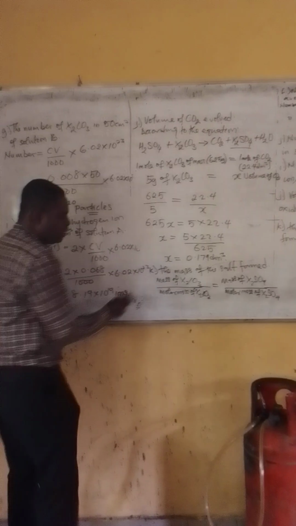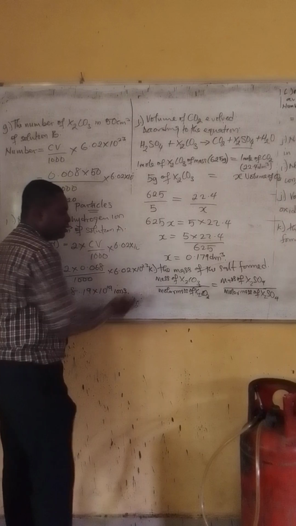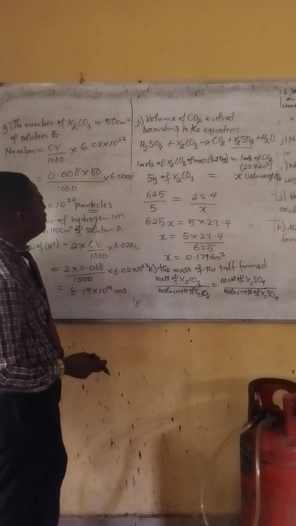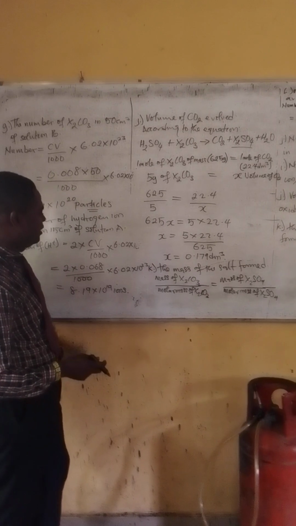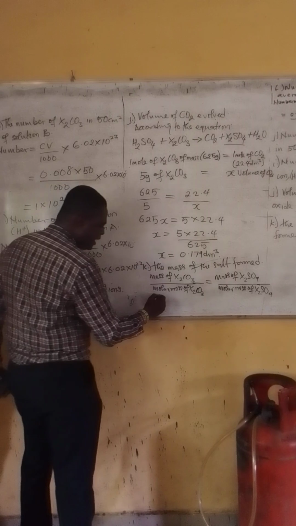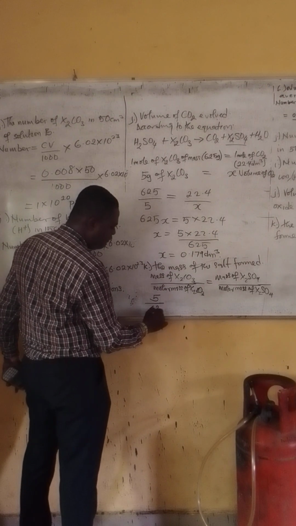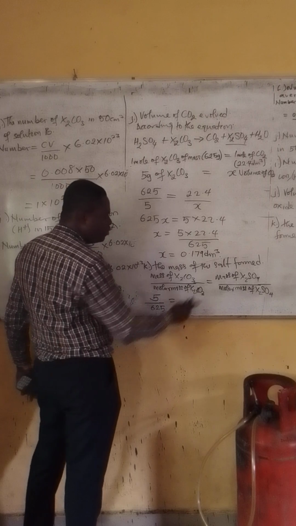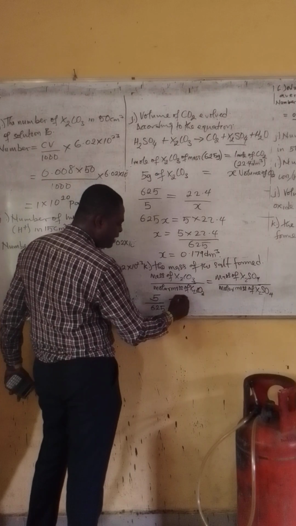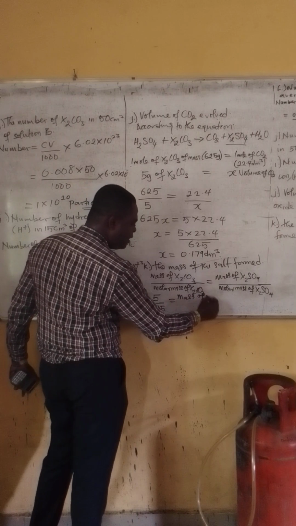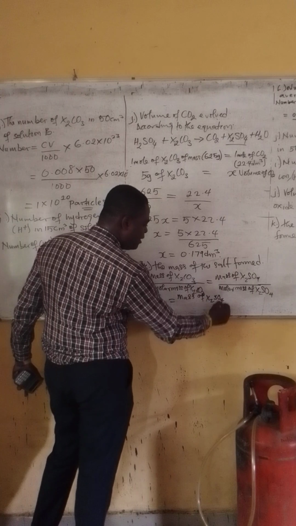Now, what is the mass of this one? The mass concentration was 5 grams, and the molar mass is 625.